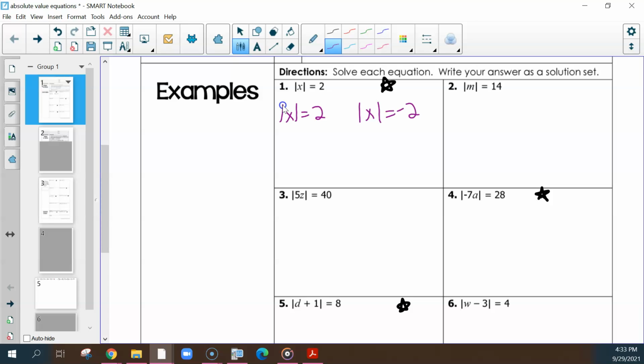So we always need to set that up and then solve. Because there's nothing else left in the absolute value sign, I can drop it. And I would have the answers 2 and -2. So my solutions would be, remember, least to greatest, -2, 2.